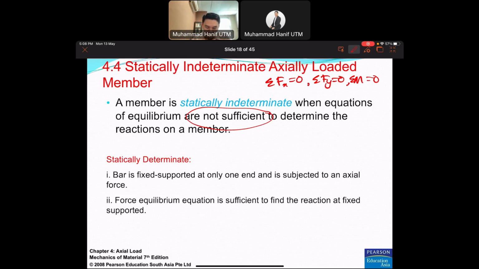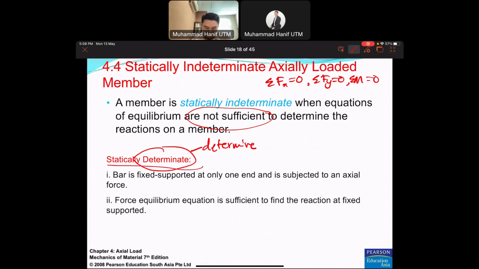Just remember, the root word is determine. It means that we can determine the unknowns based on the equations of equilibrium. So this one is statically determinate. But indeterminate means that we cannot determine the unknowns based on the equilibrium equations.